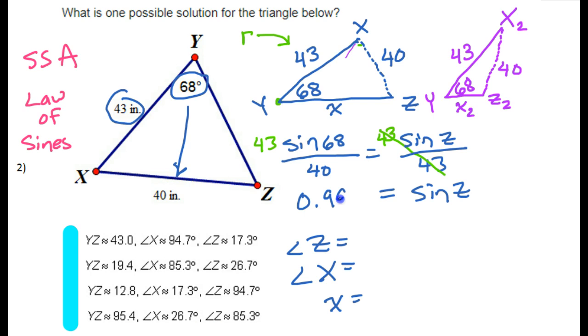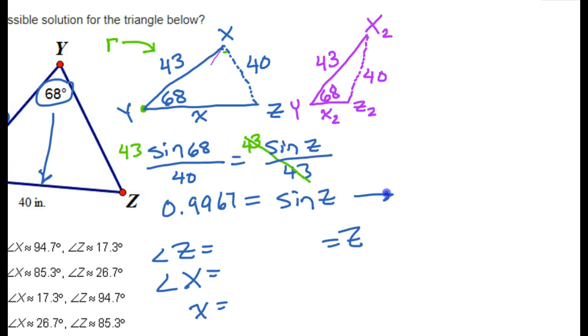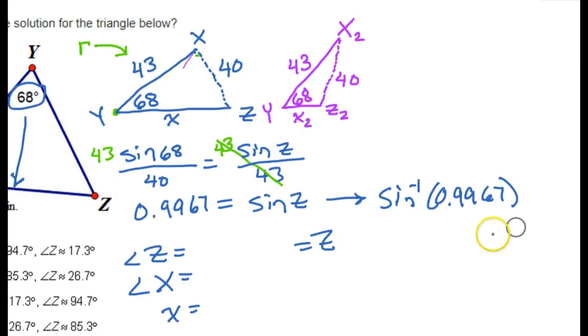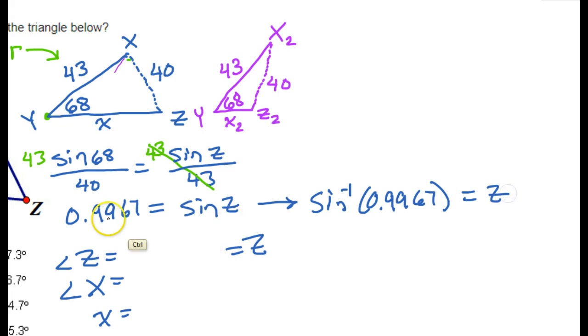So 0.9967. Now if I want to find angle Z, I need to do the inverse sine. Maybe I'll put this sideways because I'm running out of space. So the inverse sine of 0.9967 should equal angle Z. That's how you get an angle out.